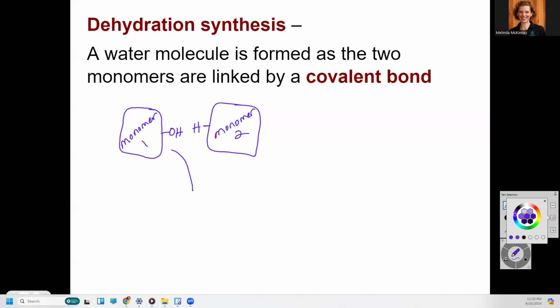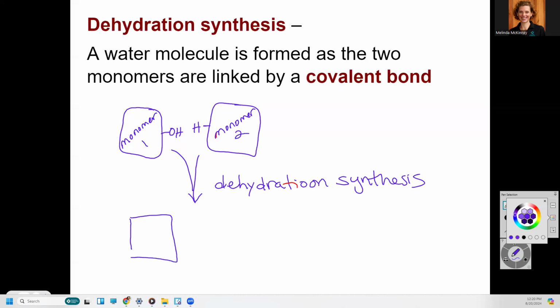So in the process of dehydration synthesis, we're going to form a water molecule as a covalent bond forms. So you're going to link these two monomers. So now 1 is going to be covalently bonded with 2.